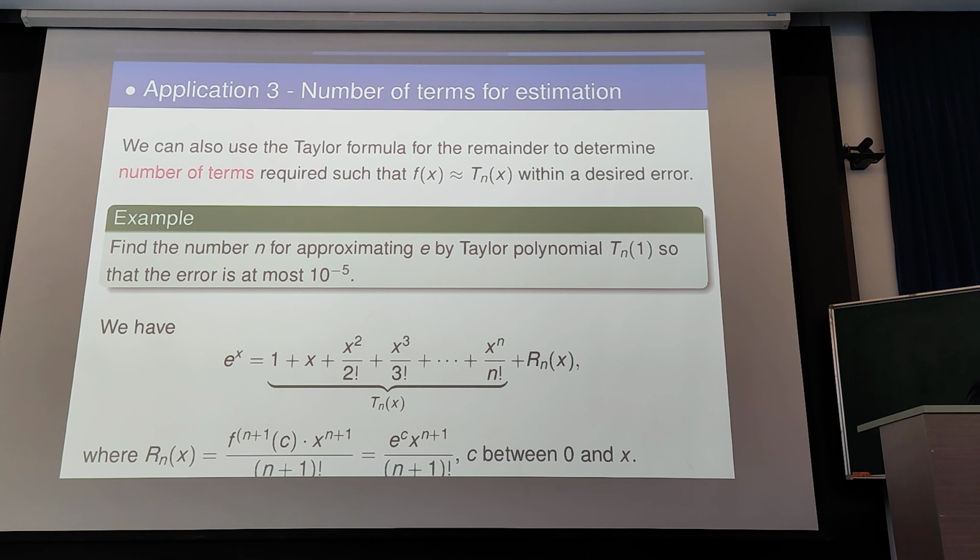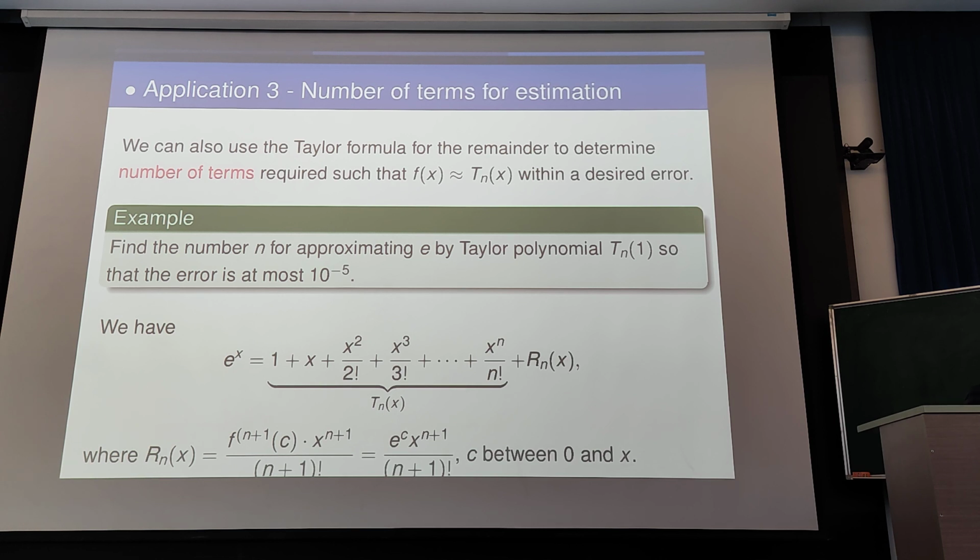Okay, so now we turn to the third application. So far we have seen that we can use the Taylor polynomial to estimate the value of a function, right? And we also see that we can estimate the size of the error.